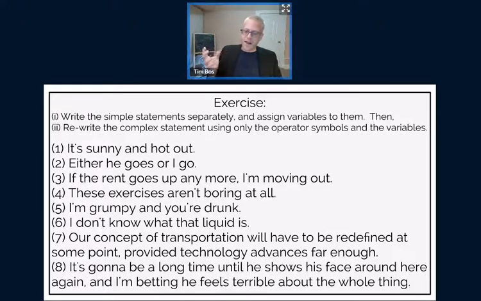Yeah, that's right. You take it out to get to the simple statements. So you end up with these exercises are boring, that's B, but now we need to put that negation back in.